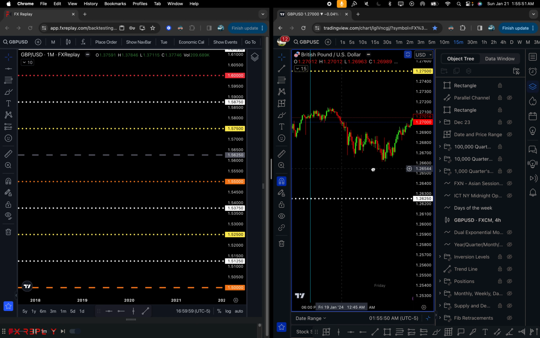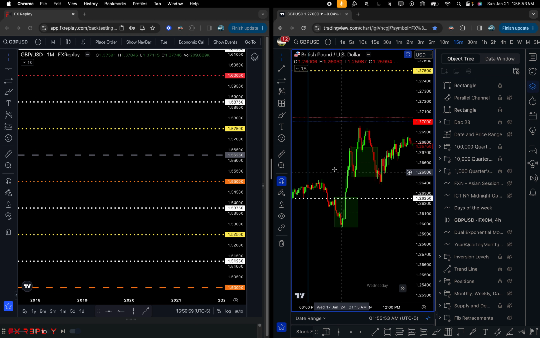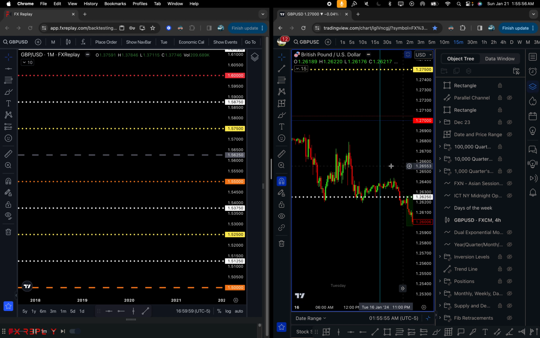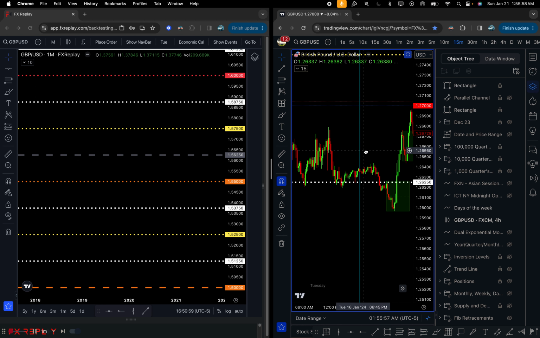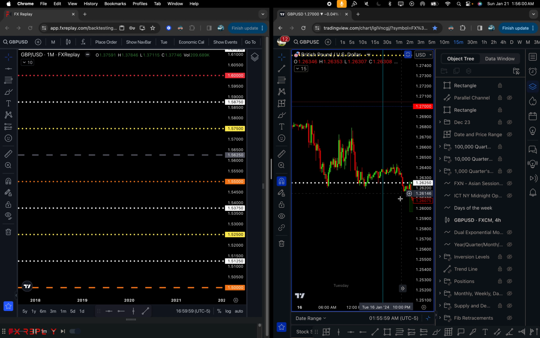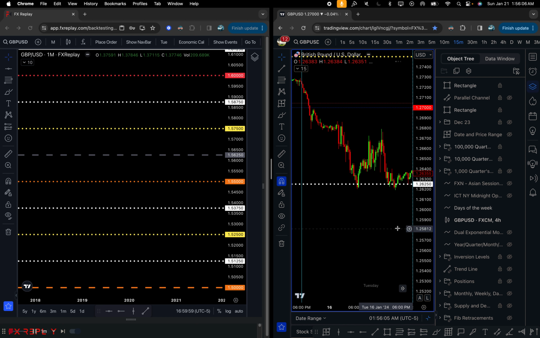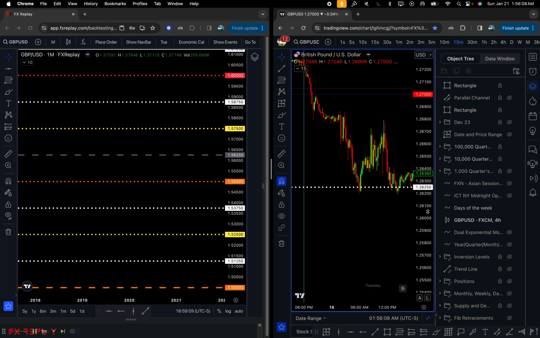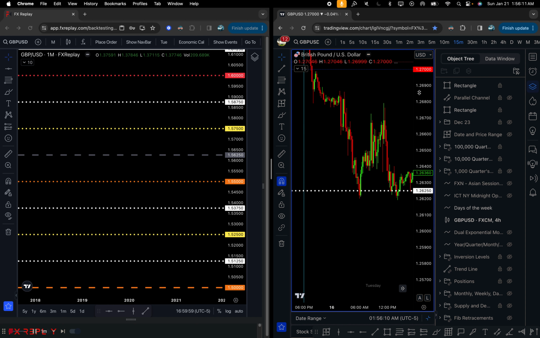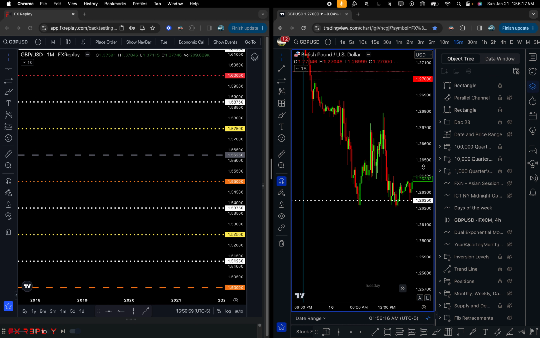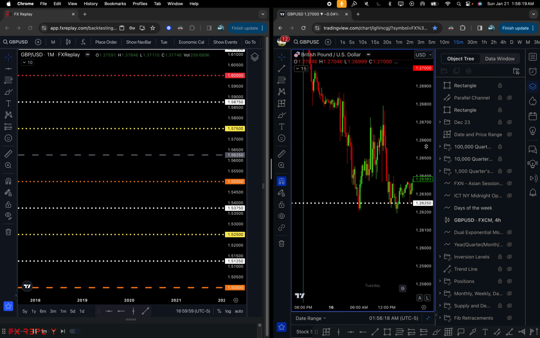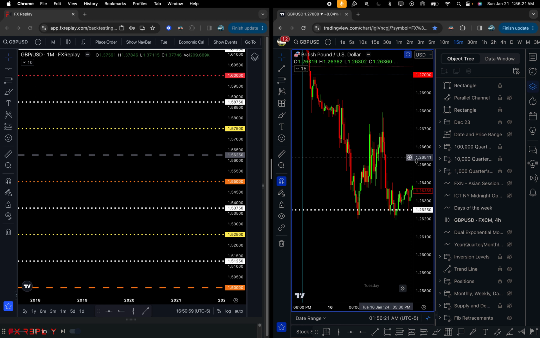Let's say we were even over here, so the price was down here. Let's say price is right here. That makes it real clear where we need to be: between the 1.26 and the 1.27. That is the 1,000 quarters theory level.